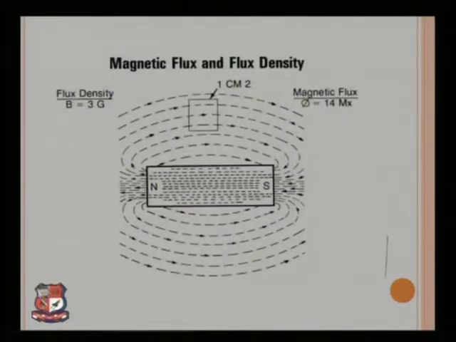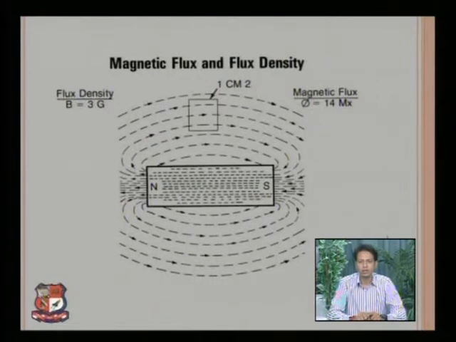This is the magnetic flux and flux density. You can observe in the slide that there is one square-like thing of 1 centimeter square. That means it is a cross section area which is imagined in the air or space medium. Now you can observe the north and south pole of a magnet.